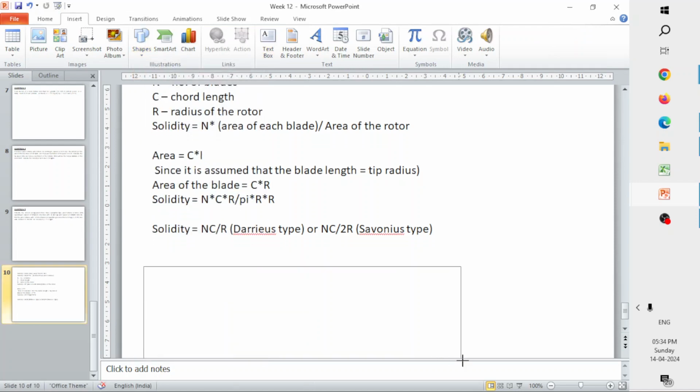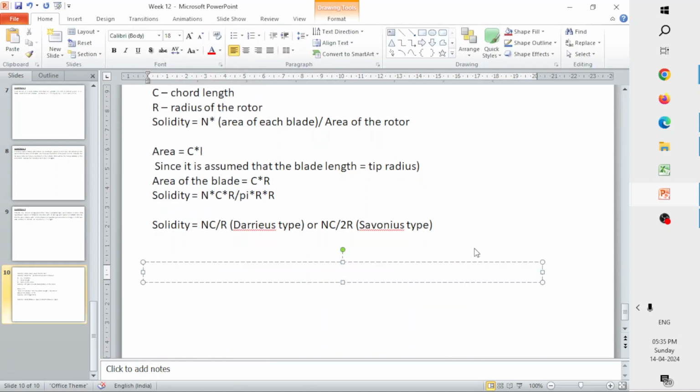Since I said that the Darrieus type has a higher tip speed ratio, and the Savonius type has a lower tip speed ratio, what is the definition of tip speed ratio? Tip speed ratio is defined as the ratio of the speed of the blade tip to that of your free stream wind speed, or the undisturbed air velocity.